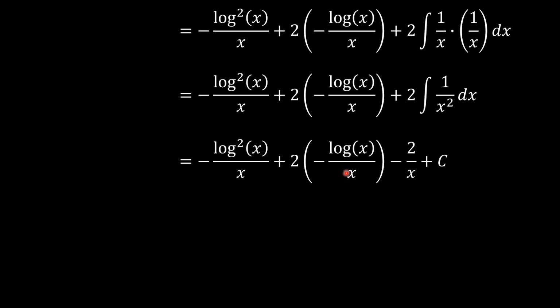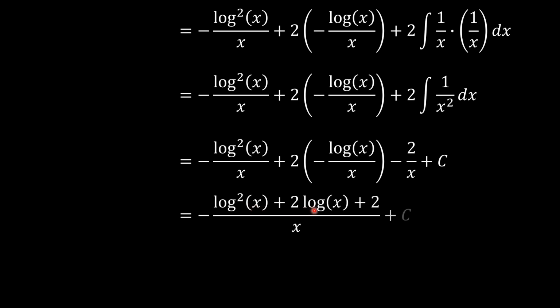So we can pull out the negative across all these expressions, and we have negative of a fraction that involves the numerator being the square of natural logarithm of x plus twice the natural log of x plus 2, over x, plus the integration constant, and that was the answer that was being sought.